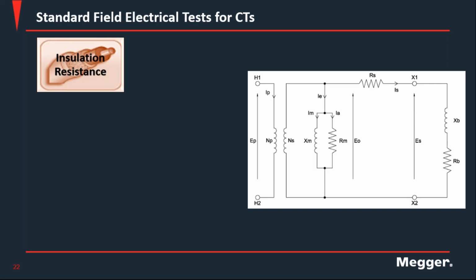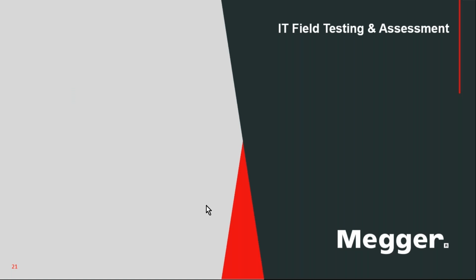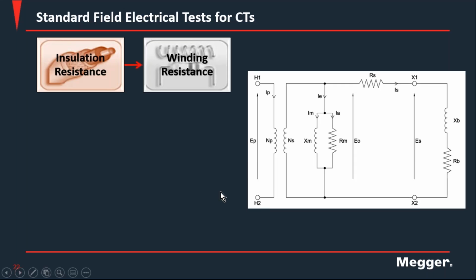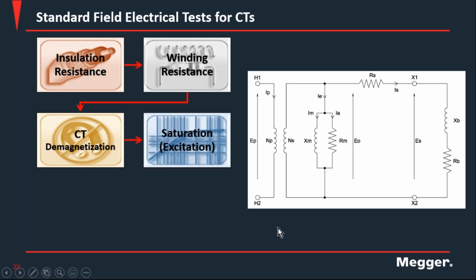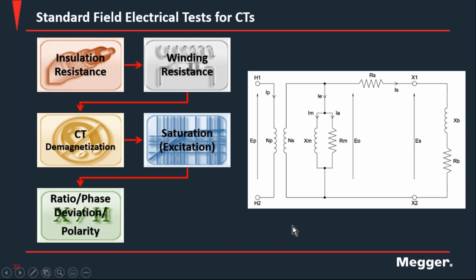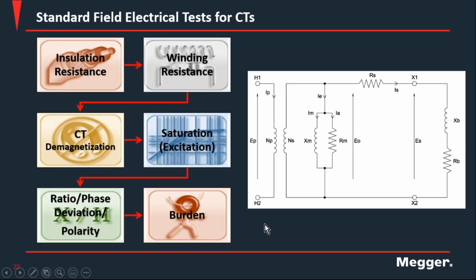So if Bonnie can help me show that slide where we describe the recommended sequence of measurements, you notice that the first two measurements are insulation and winding resistance, both DC based, right? One is applying your DC voltage and the other is injecting a direct current for winding resistance. And then you notice that the next phase in the test is demagnetization, right?